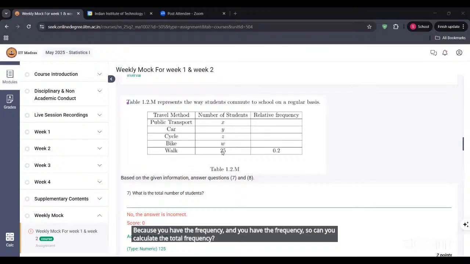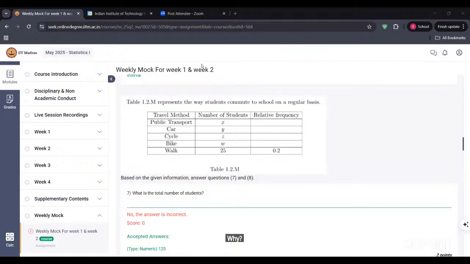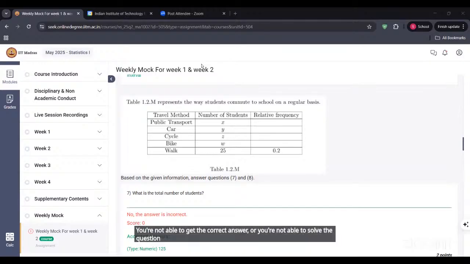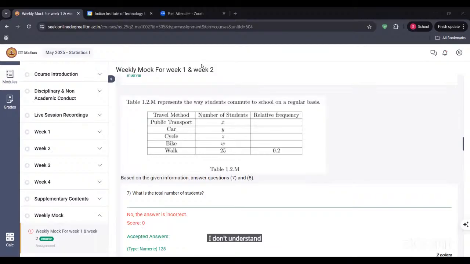No, ma'am, I'm not able to do that. I'm not getting the correct answer. Are you not able to get the correct answer, or you don't understand how to solve it? I know the formula, but I'm not able to solve it.